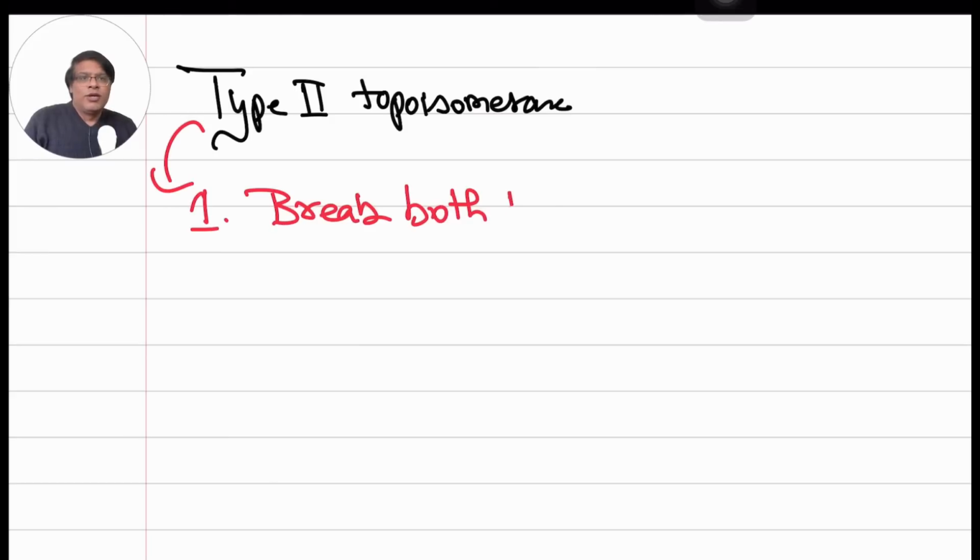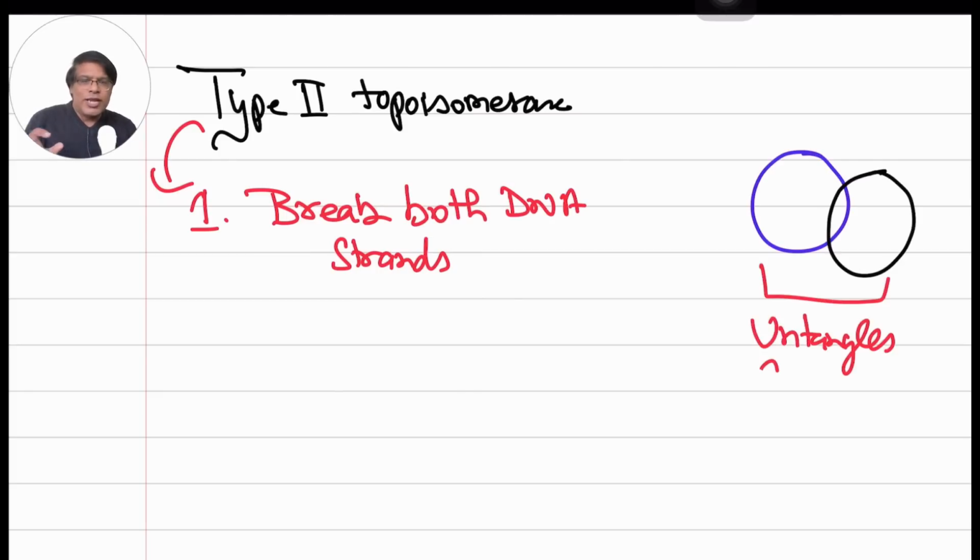Next I just want to tell you what type 2 topoisomerases are. Type 2 topoisomerases break both DNA strands. They make a cut within both strands of DNA. At the time of DNA replication, when the replication process is complete in bacteria, at the end you are going to see the formation of catenated circles.